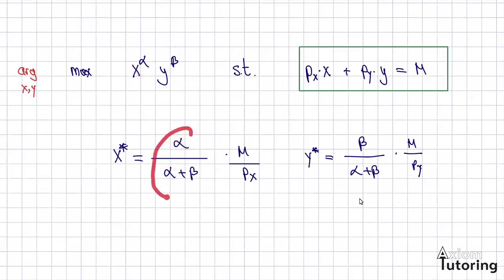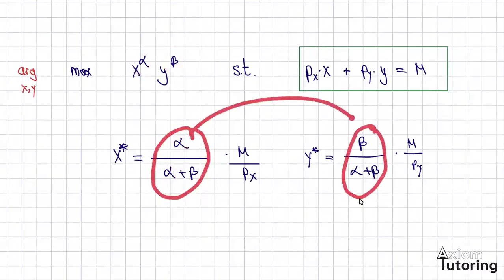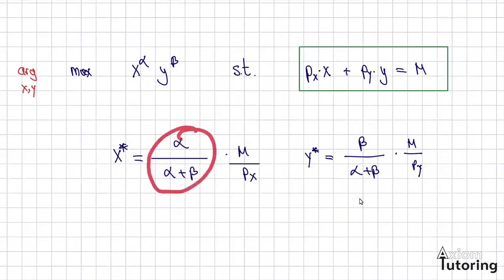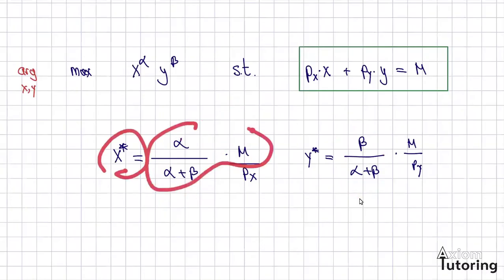So this is a fraction, and this is the complement of that fraction; if I sum these two together, they sum to 1. If I multiply this fraction by the money, that is the amount of money I'm going to spend on good X. How many units of good X will I get? Well, I'm going to have to divide that amount of money by the price of X.